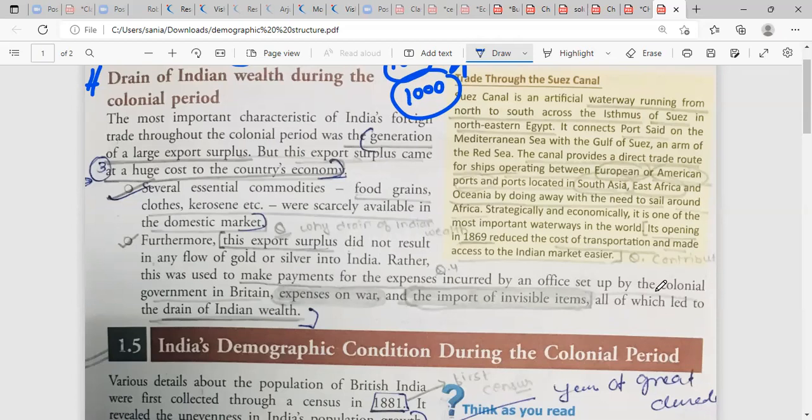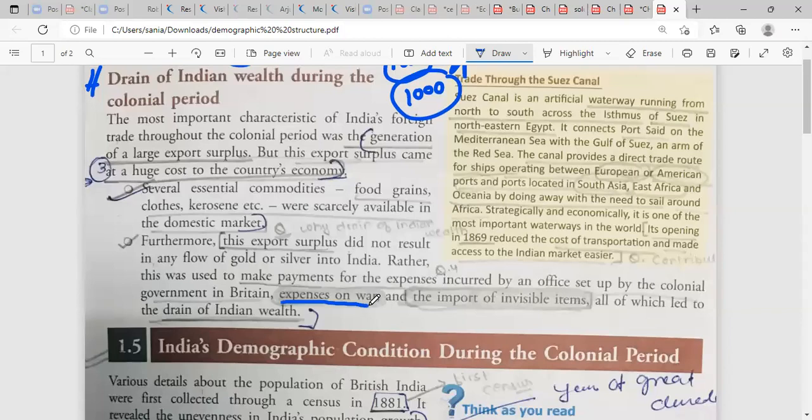See, in India there were offices of Britishers, right? So basically they were using this money to make payment, for example, paying rent, paying electricity bill, paying water bill, and all that. Plus, whatever war they were fighting, they were using this money in their war expenses as well, like buying new weapons and all that. And next, all the import of invisible items, they used to import lots of things.